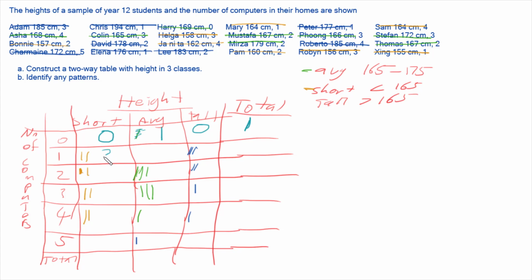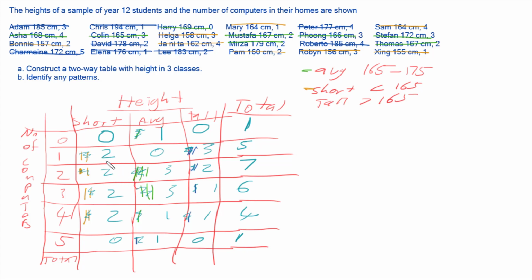Then I've got 2 short, 0, 3 tall, so we got a total of 5. 2, 3, 2, so that's a total of 7. We've got 2, 3, 1, so that's a total of 6. 2, 1, 1, so total of 4, and 0, 1, 0, total of 1.